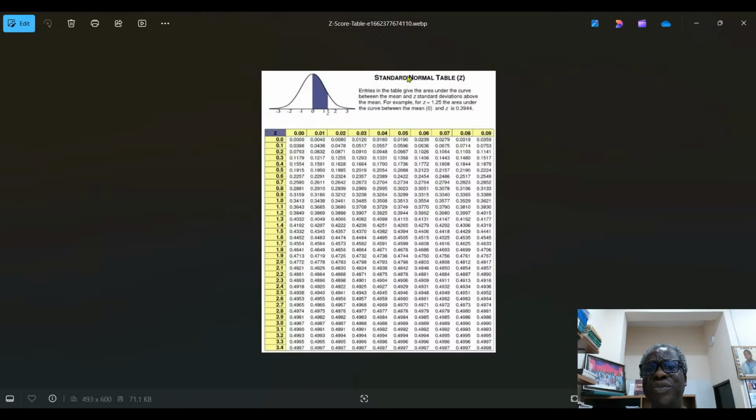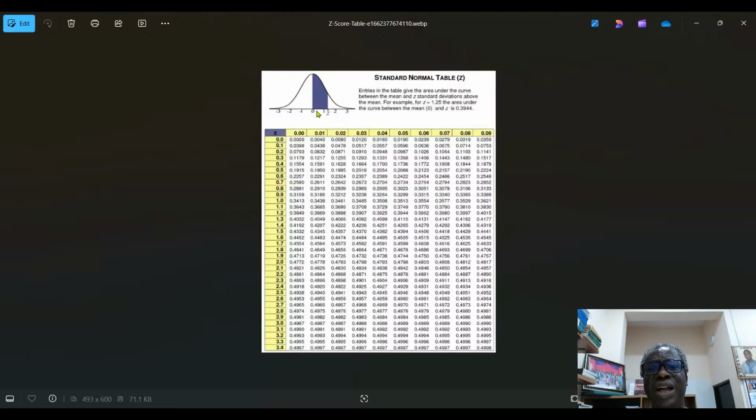Be careful, because you could have different versions of this table, but I've chosen this one. What this one says is that it's always measuring the shaded area from the positive side.